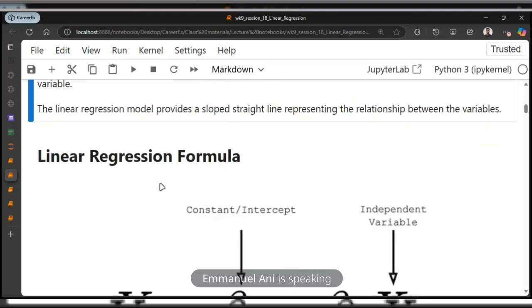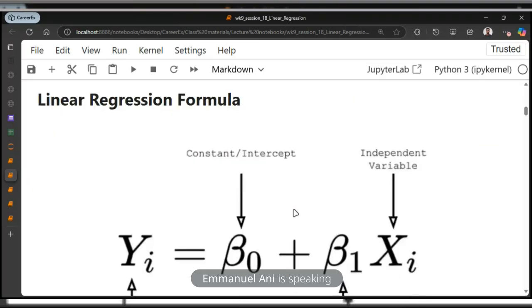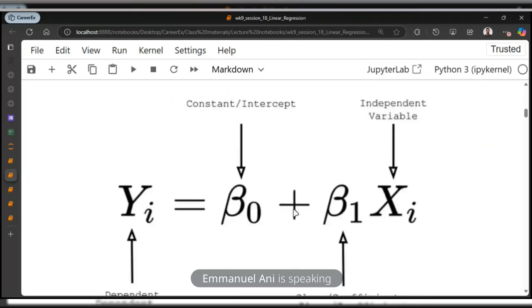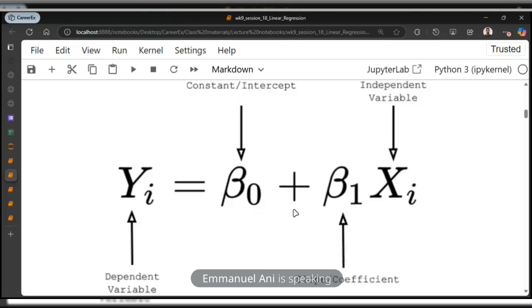So we have the formula for linear regression. This is the mathematical aspect of it. If you're familiar with the equation of a straight line graph, this is the equation here. We have y equals beta naught plus beta 1 x_i.